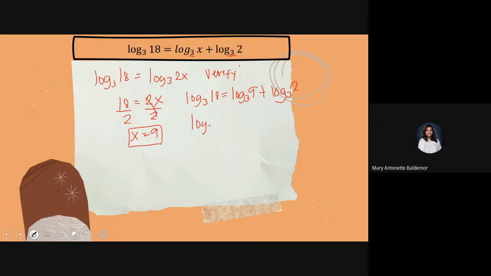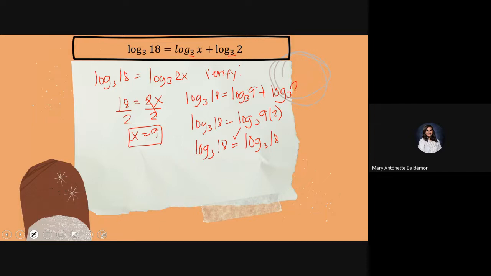Now, since we applied the first property on the first part, we can also multiply 9 and 2. So the logarithm of 9 times 2 is 18. Therefore, we can say that both of these logarithms are equivalent. The logarithm of 18 is equal to the logarithm of 18 with base 3. So obviously, both of these are equivalent.